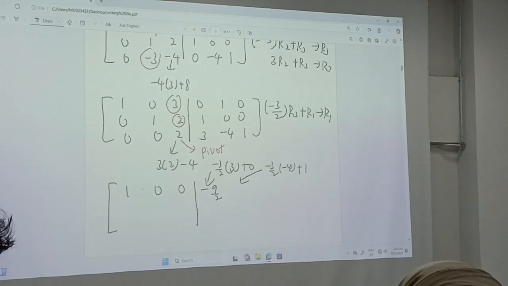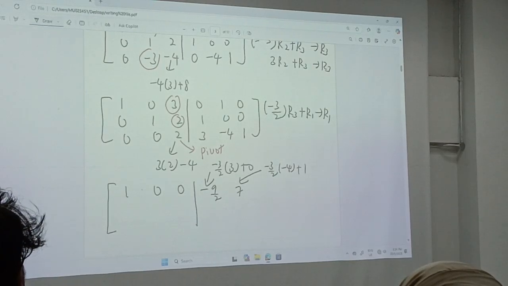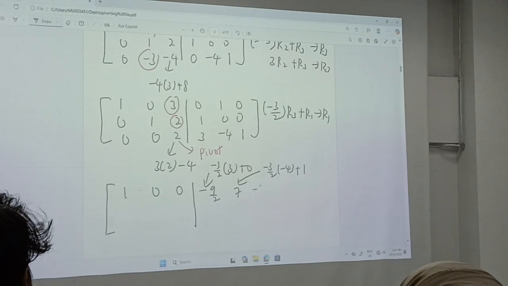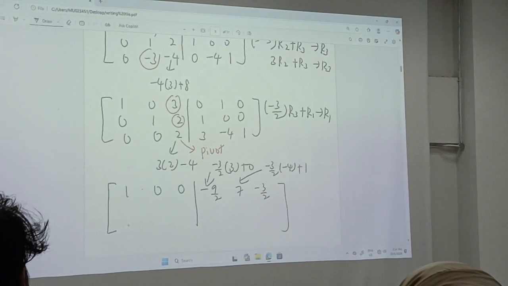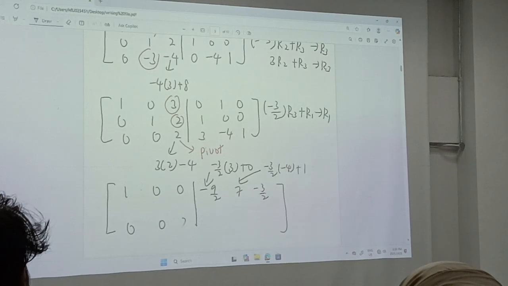So negative, negative, positive cancel off to 7. And last one, negative 3 over 2 times 1 plus 0, still negative 3 over 2.